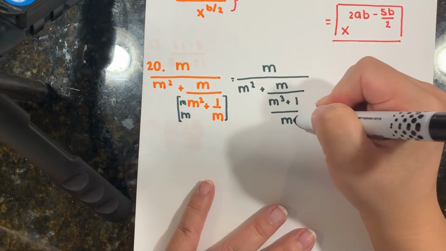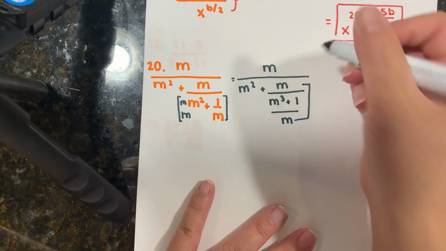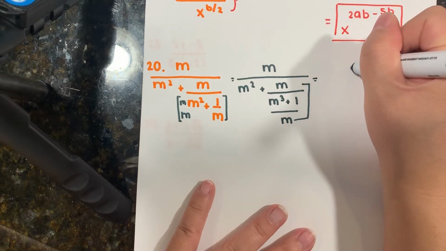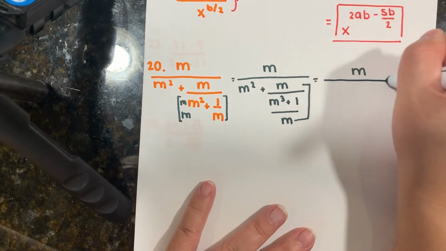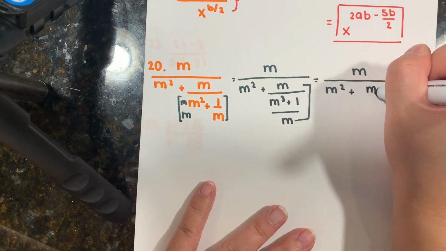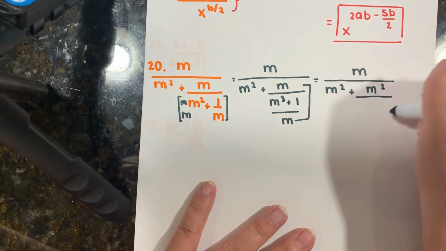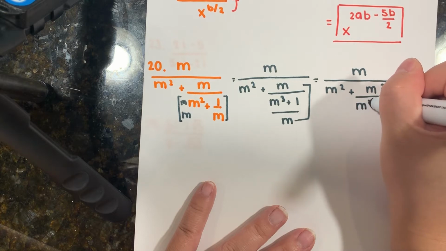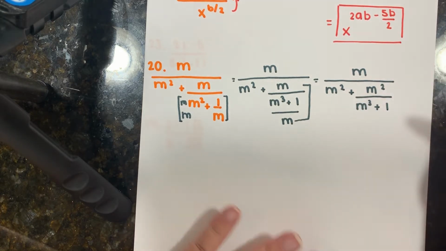Now I'm going to multiply this denominator by this numerator. Everything else is going to stay the same. So that would be m over m squared plus, that would also turn into m squared, and it would be over m cubed plus 1.